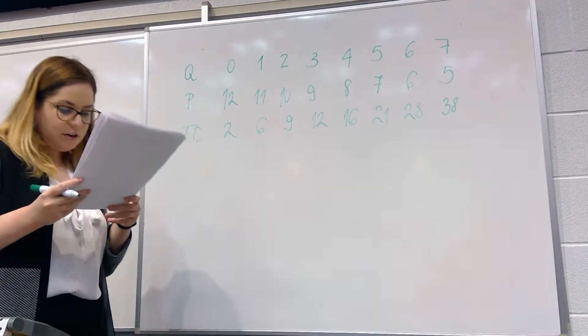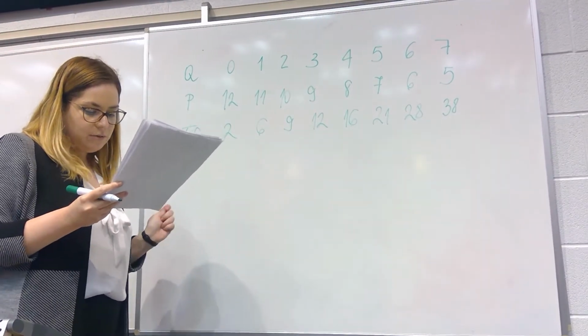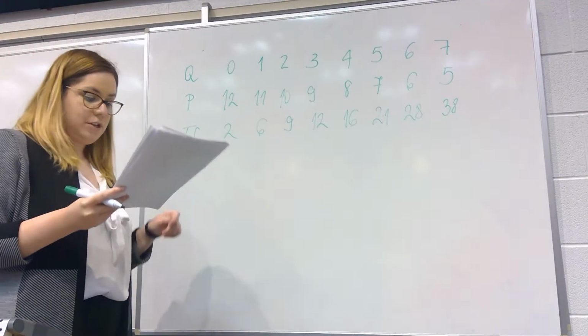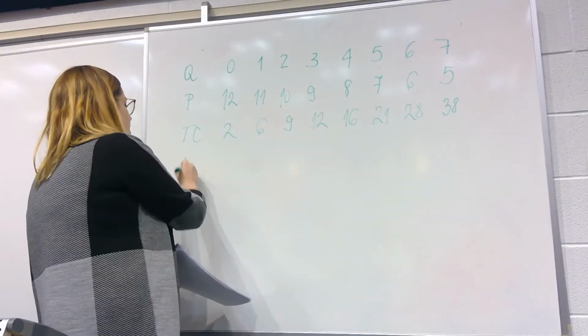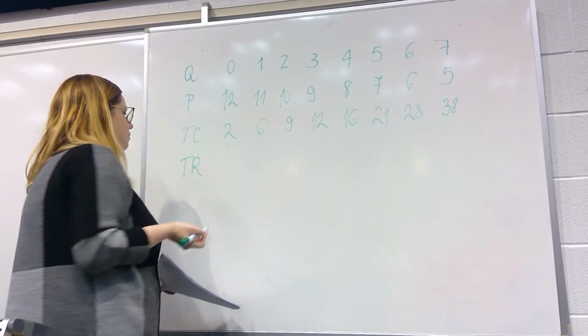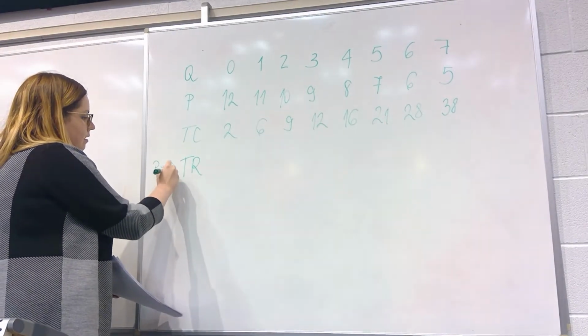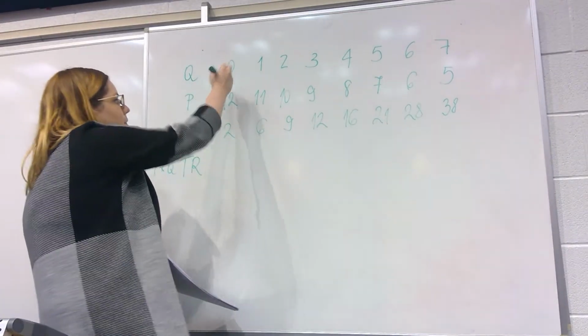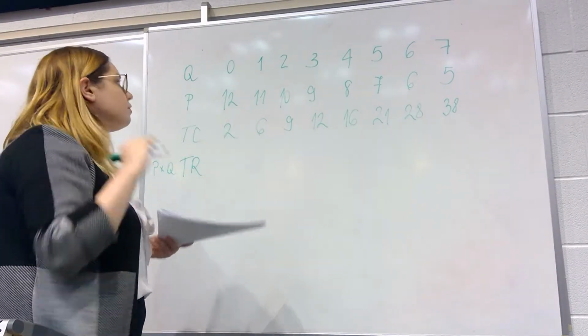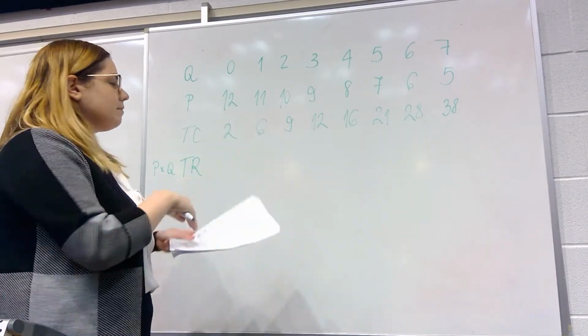So first we are going to look at the total revenues, average revenues, and marginal revenues. Total revenues, if you remember, would be price times quantity. So we are actually multiplying the first two columns to get our results.